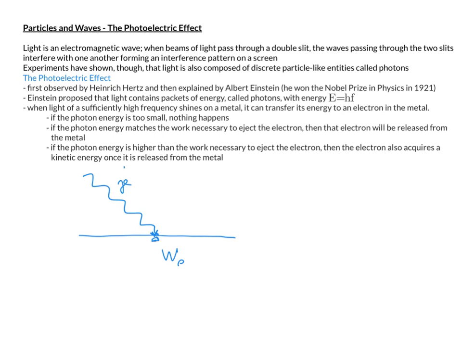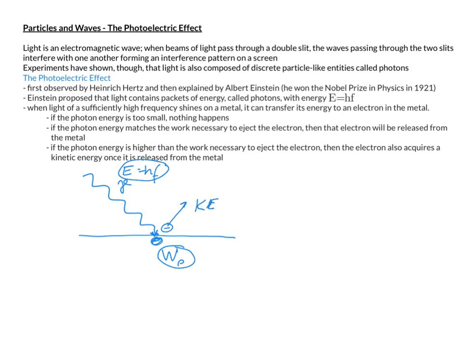If the energy that the photon has is h times f, according to Einstein, and this energy directly matches the work function, then the electron here will be released. Now, if that energy is larger than the work function, the electron will even acquire a kinetic energy.